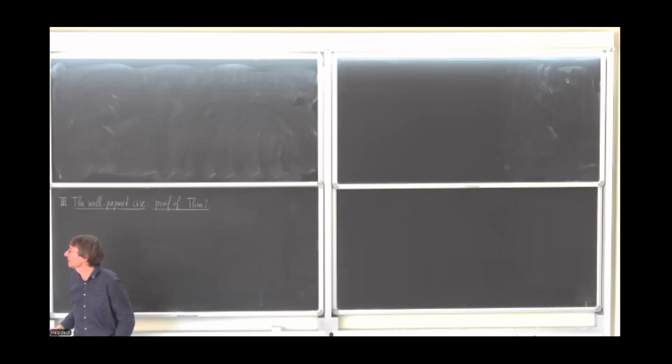The unique solution of this equation with this initial data can be approximated by some approximate solution. Probably I didn't write down again the formula for omega app, but we shall see it appear in the proof.